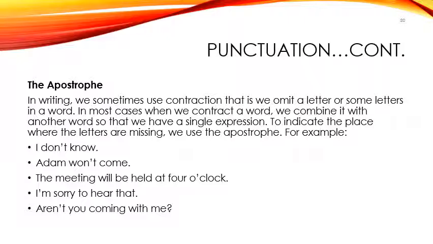For instance, I don't know. Can we see apostrophe in the word don't? Originally, it should be I do not know without what? Apostrophe. But since we contract the two words, that's the negative marker not and the verb do, we should use apostrophe.